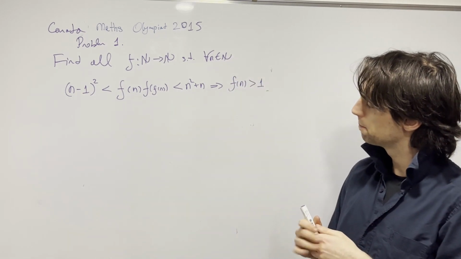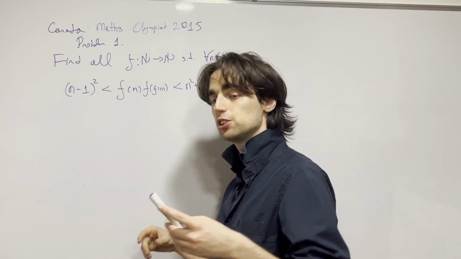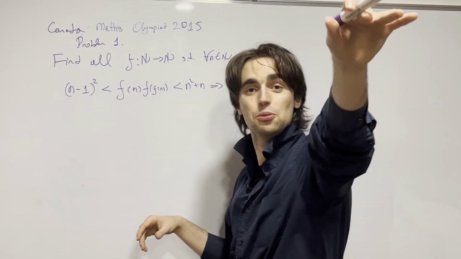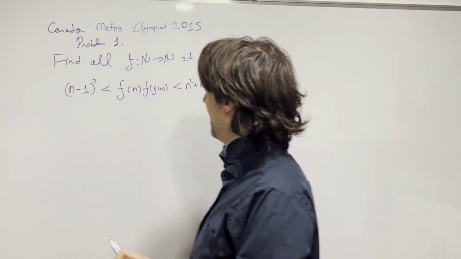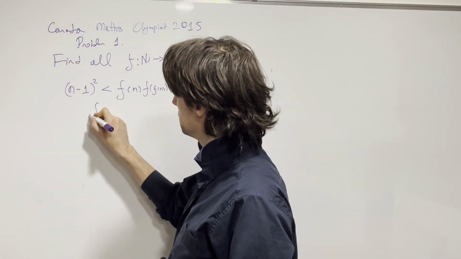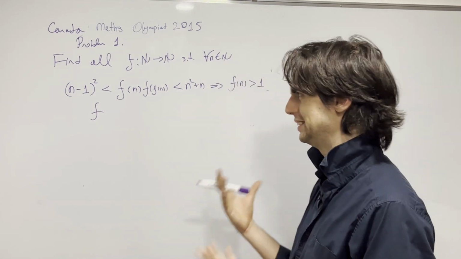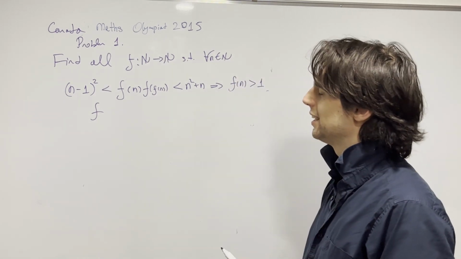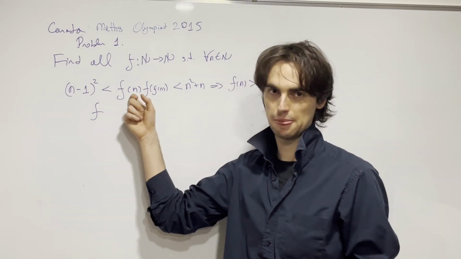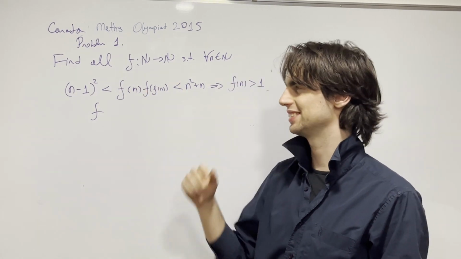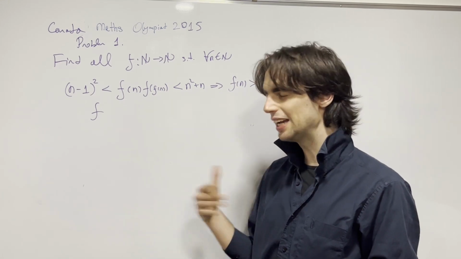Now, the big idea here is, a mathematician is only as good as they know how to use induction. The idea here is induction. And so the idea is, let's prove that f of n is equal to n, and it seems likely by now. And here's why it seems likely. If f of n is equal to n till some point, it has to be at the next point.